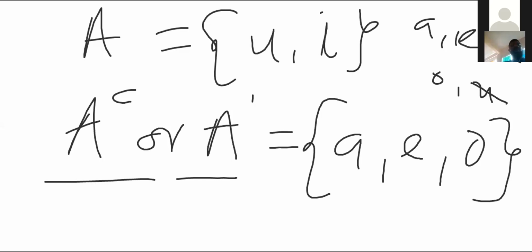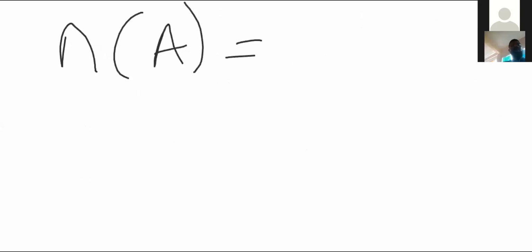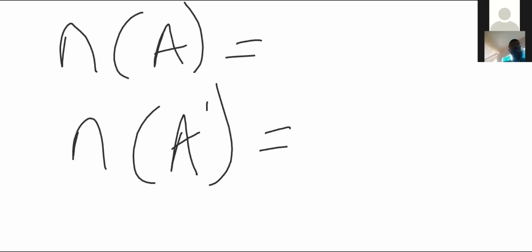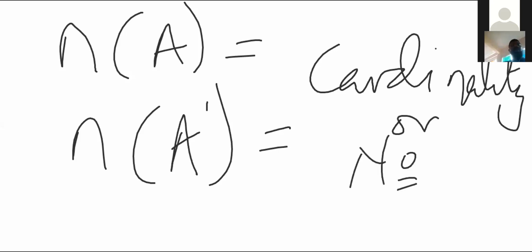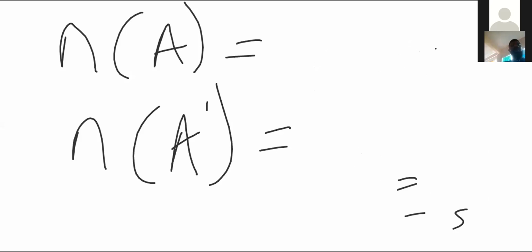They can ask you a question like this: what is the cardinality of A, and what is the cardinality of A complement? Cardinality simply means the number of elements. We remember that set A was you and I, so there are 2 elements.